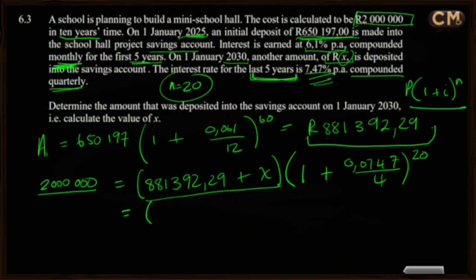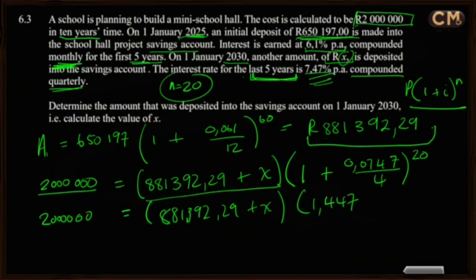It's going to equal, let's see, 2 million on the left hand side, that is 881,392.29 plus X, all multiplied by 1.0144785. Now, if we were to simplify all this, we'll just divide both sides by this value, 1.4478 and such.